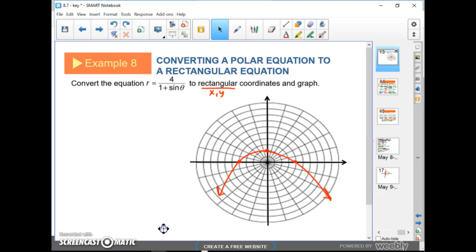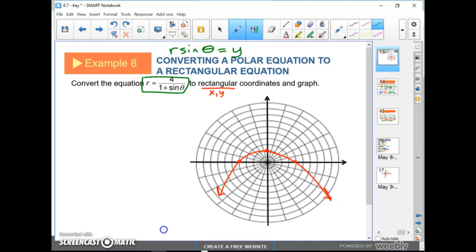Basically what we would do here is we're looking for some way of changing into x and y. As you examine this equation, you see an r and you see a sine theta. Now they're not written together, but if you could piece them together, r sine theta would look like y. That's one of our conversion equations, so that would be useful if we could get r sine theta out of that somehow.